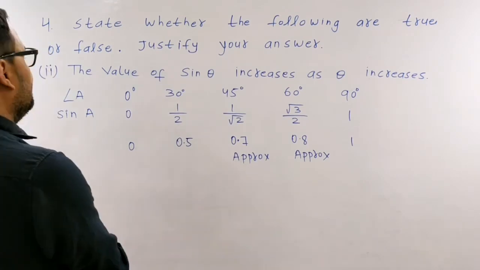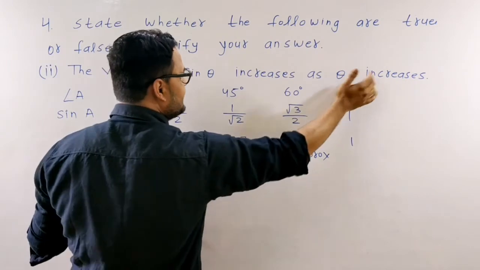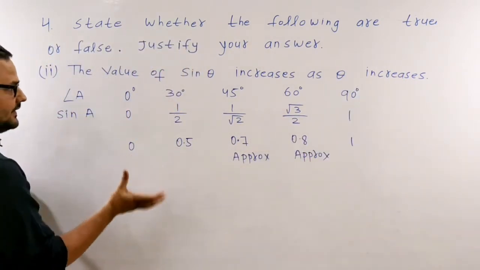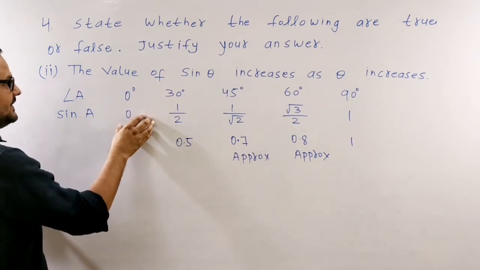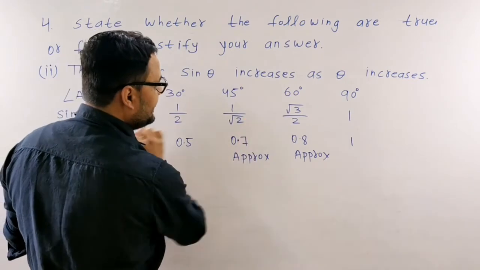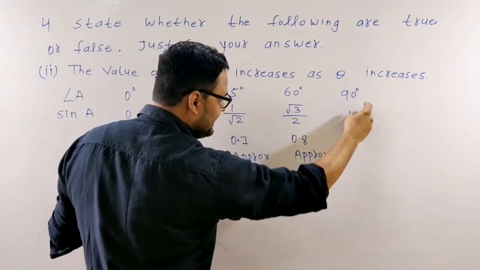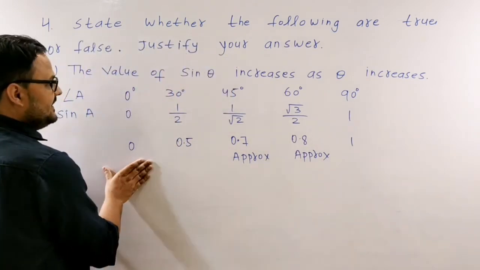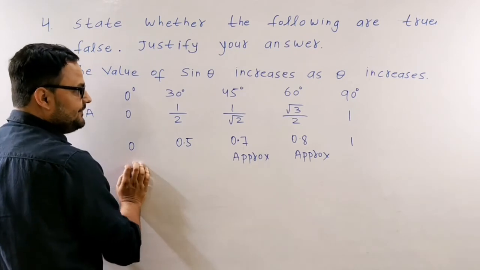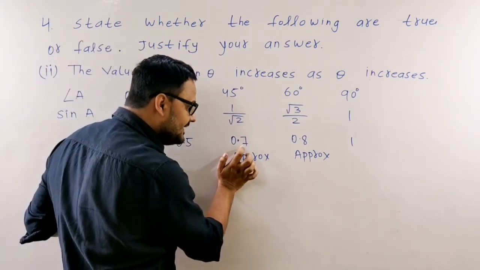Now the second one, it says the value of sin theta increases as theta increases. For any angle A, we know sin 0 is simply 0, sin 30 is 1 by 2, sin 45 is 1 by root 2, sin 60 is root 3 by 2, and sin 90 is 1. 1 by 2 when we simplify we get 0.5. 1 by root 2 we get 0.7 approx.